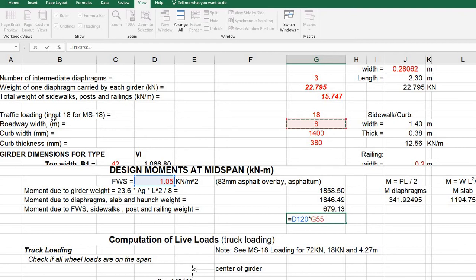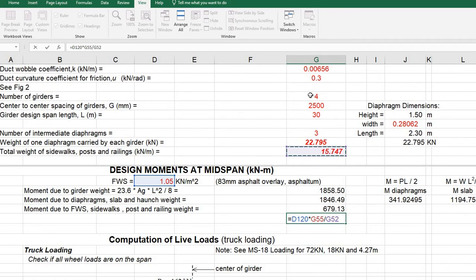Dahil, yung buong 8 meters ang kokoberan natin ng asfalto. Tapos, ang asfalto, i-divide natin yan sa 4 na girder. Okay? Divided by, how many girders do we have? Ito, number of girders is 4. Next is, pero, hindi lang yan ang bubuhatin ng isang girder.